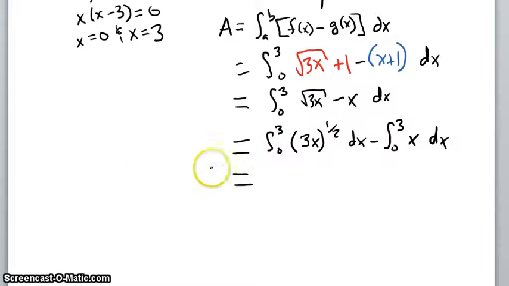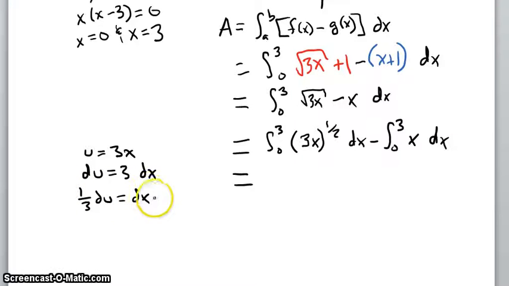And now for the first part of this, I'm going to set u equal to 3x. du ends up being 3 dx. And then I have 1/3 du is equal to dx. And remember, when you switch your variable, we're going to need to change our limits of integration. So I'm going to plug the 0 into x, and u is equal to 0 still.